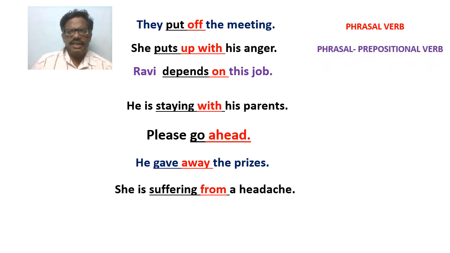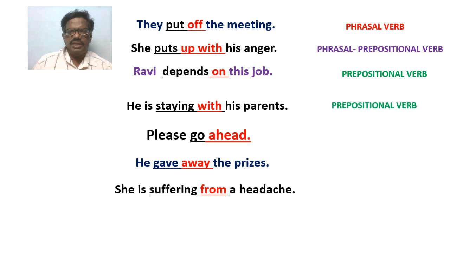And in the second sentence, the multi-word verb is called phrasal prepositional verb because it has two particles, up, with. In the third sentence, the multi-word verb depends on is called prepositional verb because here the particle on cannot be separated and cannot be placed after the object, this job.